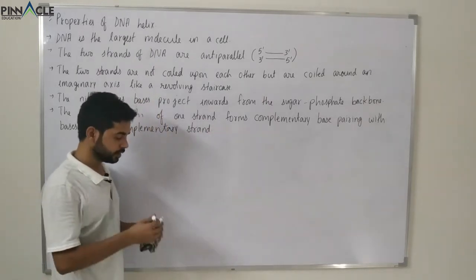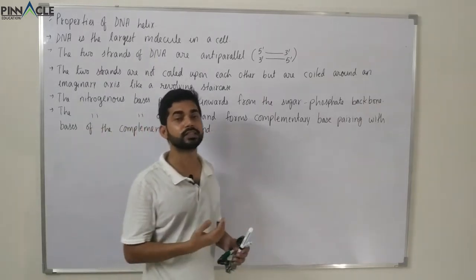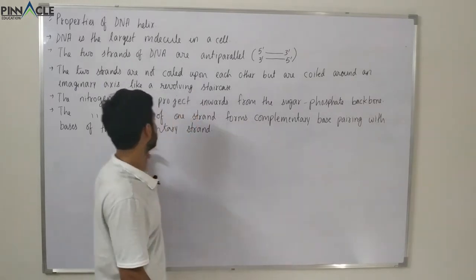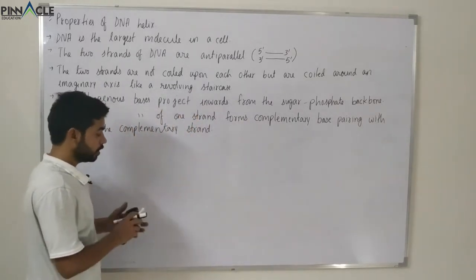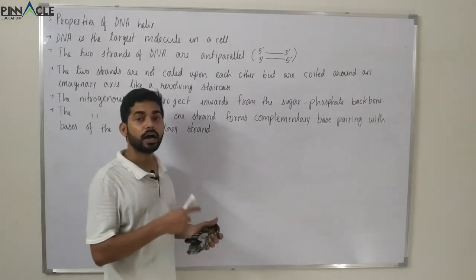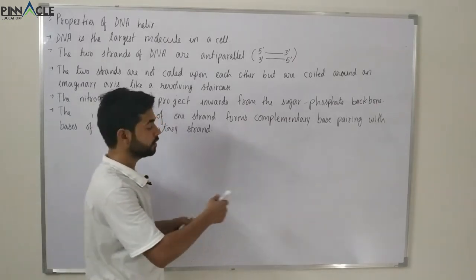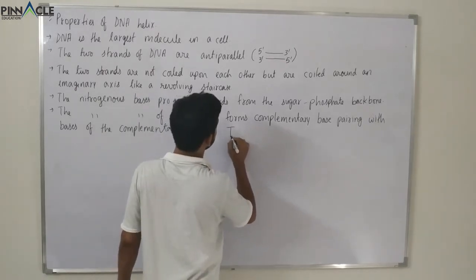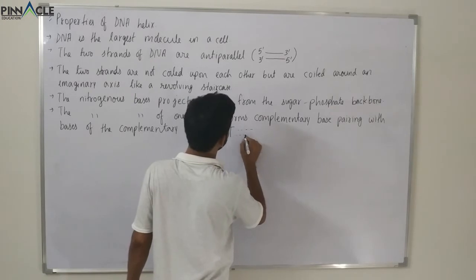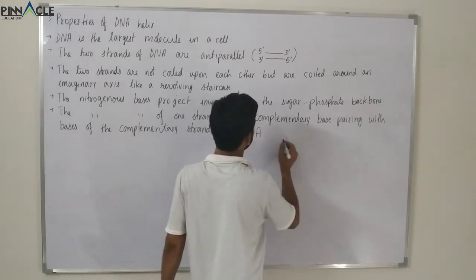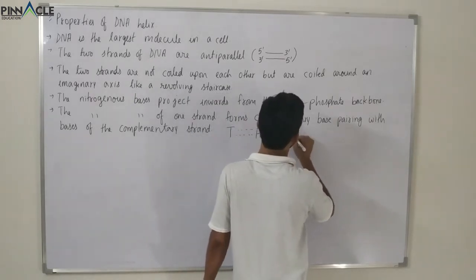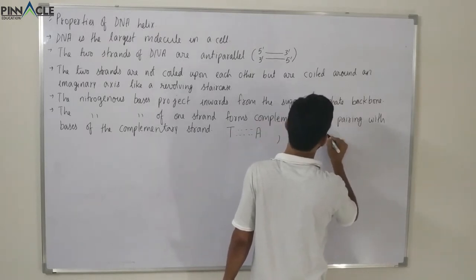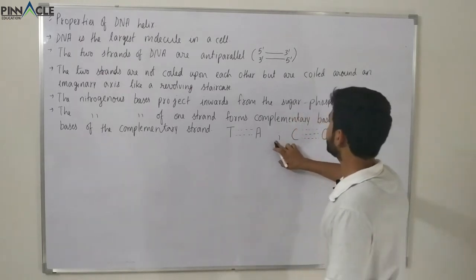So what happens here is that nitrogenous bases of one strand will form complementary base pairing with the nitrogenous bases of the other strand. So here adenine forms a base pair with thymine. So this is how the base pairing takes place.